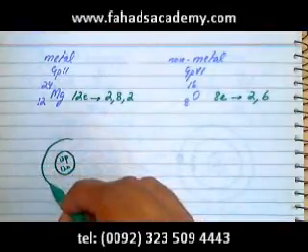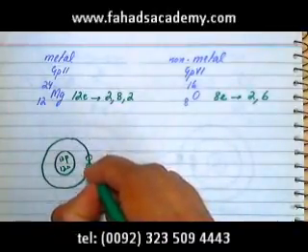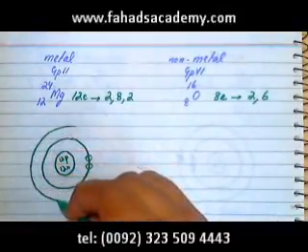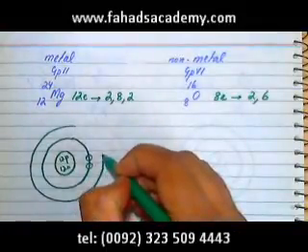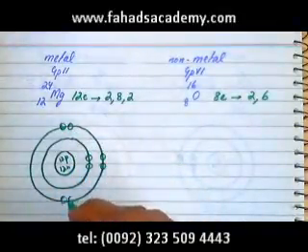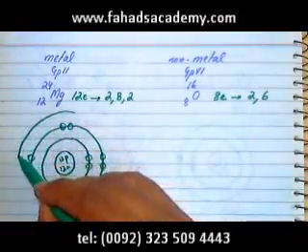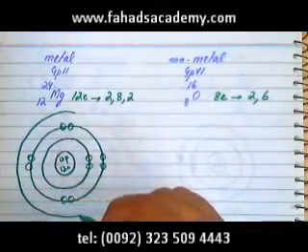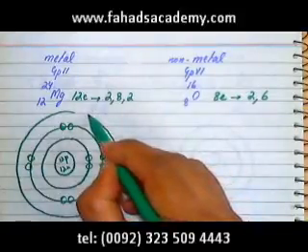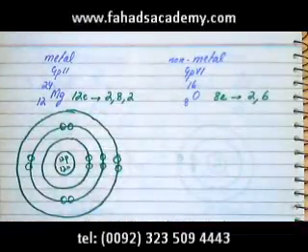Let's draw two electrons in the first shell, 8 electrons in the second, and there are 2 electrons in the outermost shell. So that is your magnesium atom.